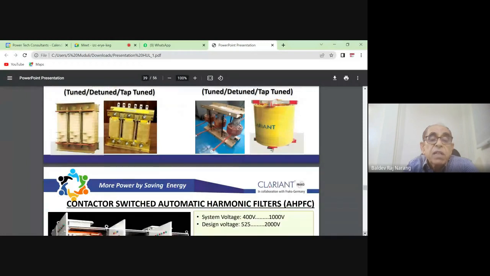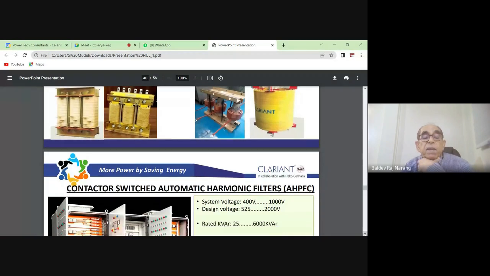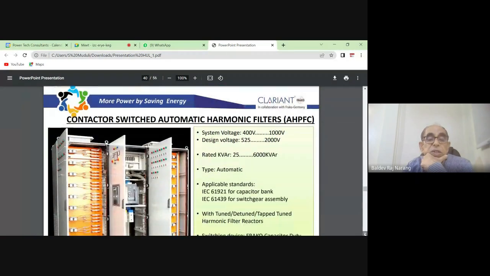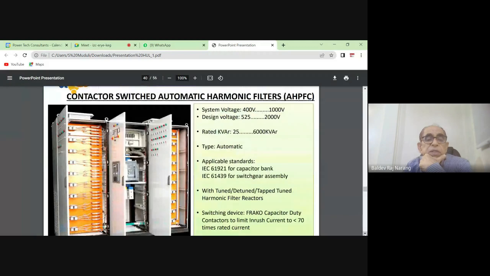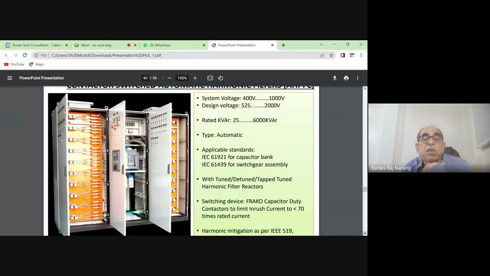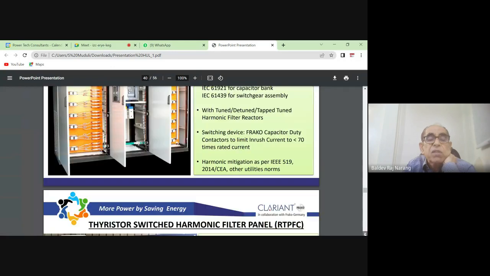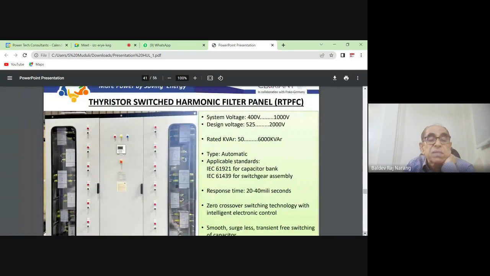For that, we have the tappings and we connect the proper tap at site and then we leave it as it is. So this is the APFC system, contactor based. The response time is slow, maybe around 1 minute. And then the next slide will have the thyristor based system we discussed.